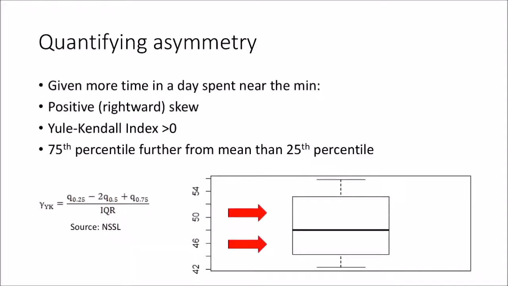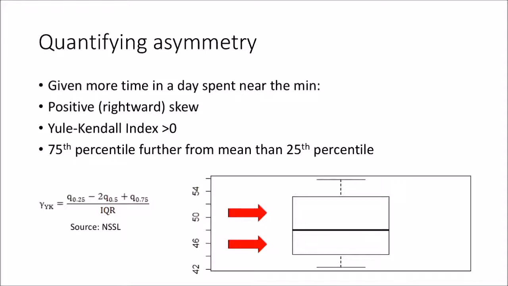And of course, the way to put a number on that is the Yule-Kendall index. A positive Yule-Kendall index means you have a positive rightward skew, and it is simply calculated by looking at the distance from the median, the 50th percentile, to the 25th and 75th percentiles. So in many cases where you have the rightward skew, you have fewer and more extreme values up on the top of the distribution.